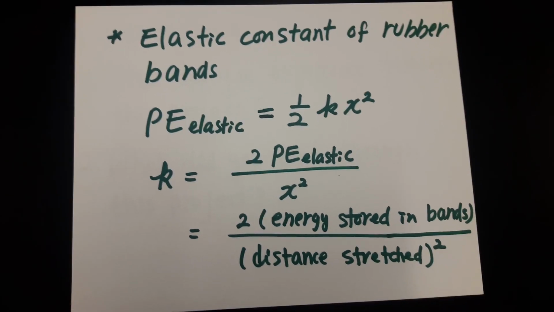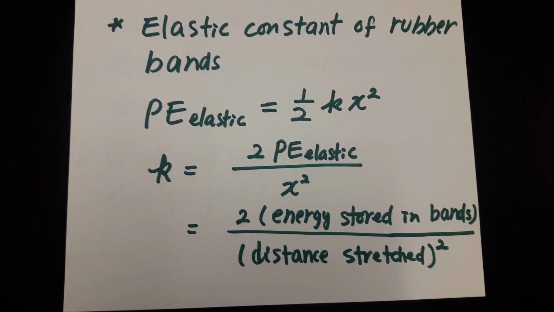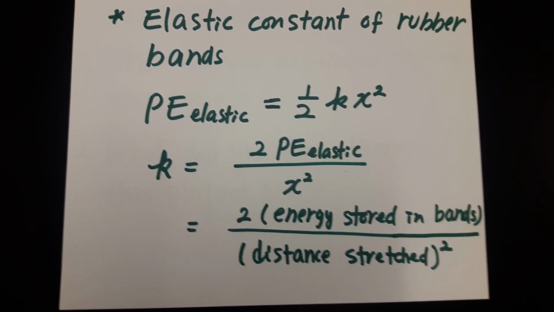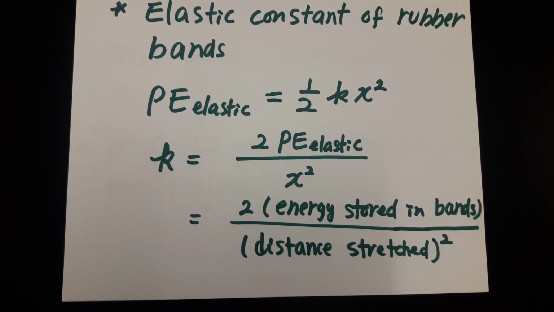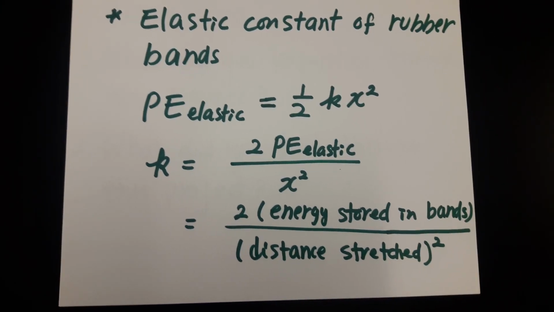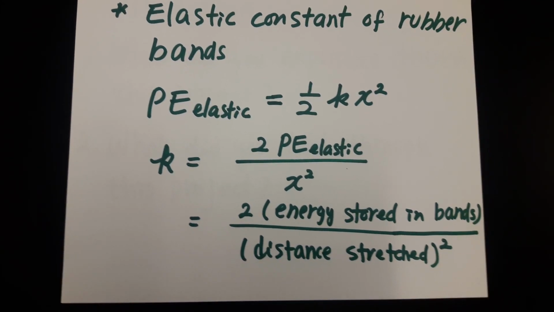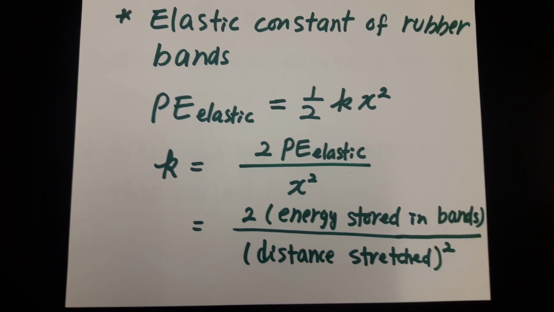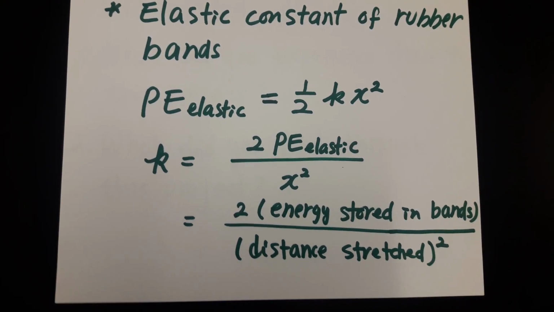Elastic constant of rubber band. So now, since you know elastic potential energy of the rubber band, you can use this formula. Elastic potential energy equals 1/2 kx squared, where k is rubber band constant and x is the distance the band stretched. So you need to rearrange this equation for k. To get k alone on one side, you multiply each side by 2, then 2PE equals kx squared.